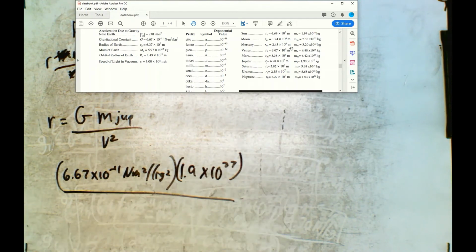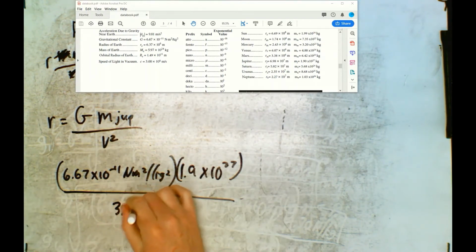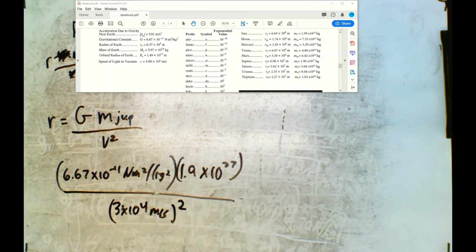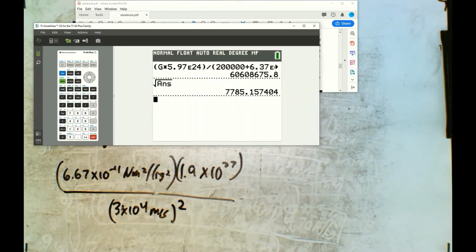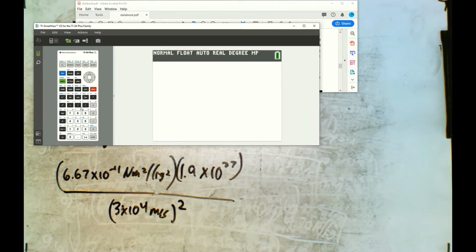And then the speed that was given in the question was 3 times 10 to the 4 meters per second. And I have to square that. So now I'm ready to type that all in. Alpha G times 1.9 times 10 to the 27 divided by 3 times 10 to the 4 squared.